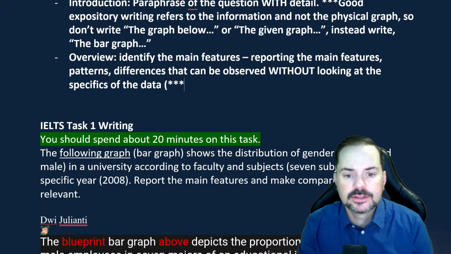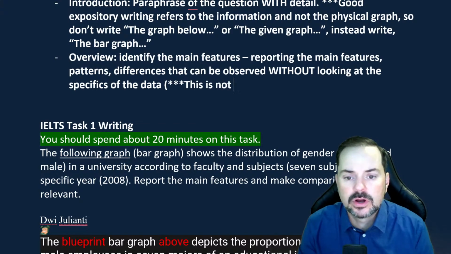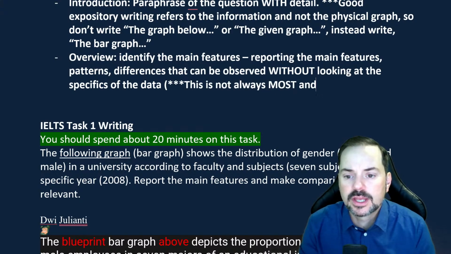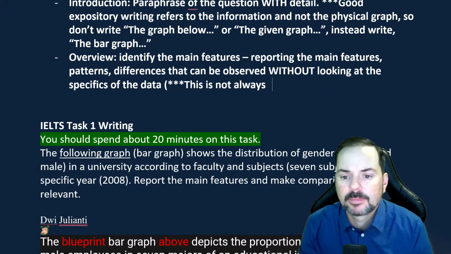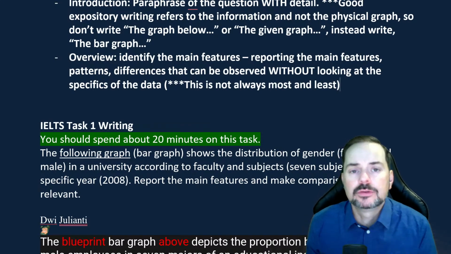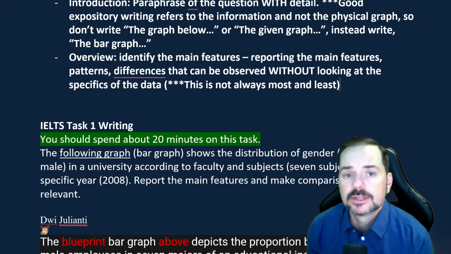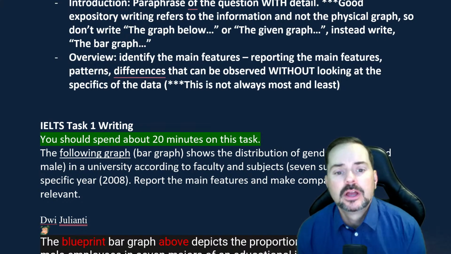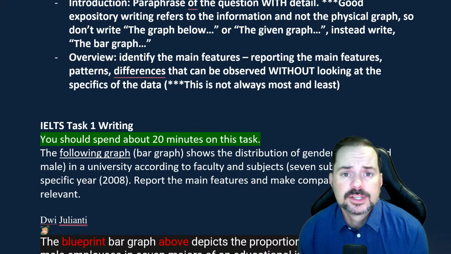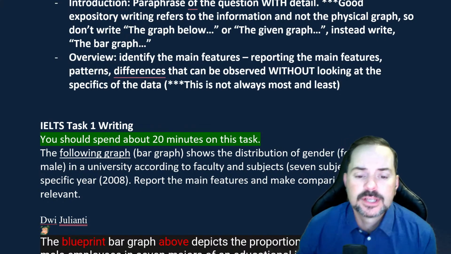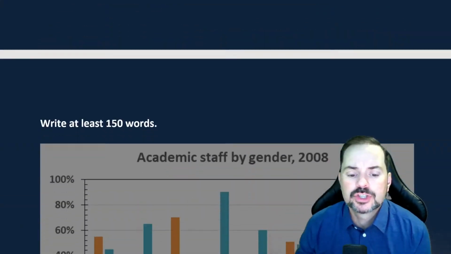And again, this is not always most and least, okay? A lot of IELTS students, especially students that don't have too much experience with statistics, with graphs and charts, learn, of course, in simple IELTS courses to just report the most.